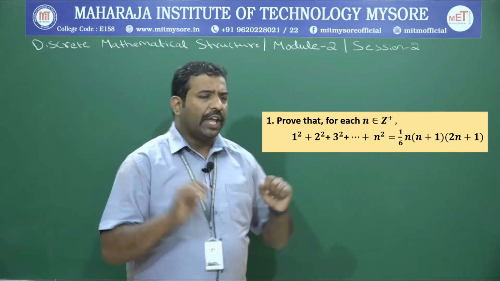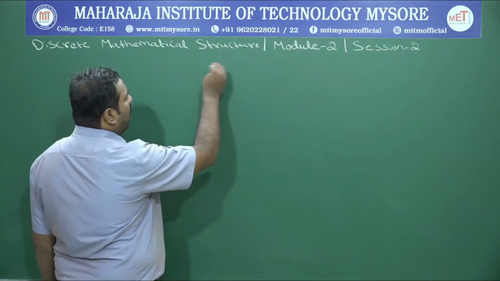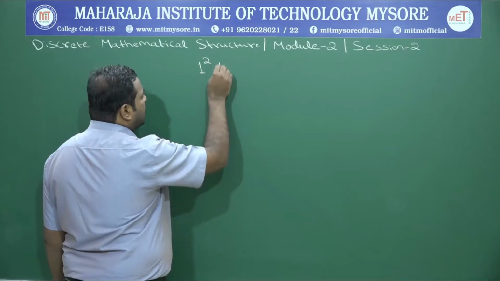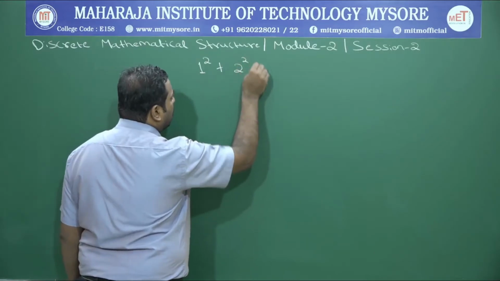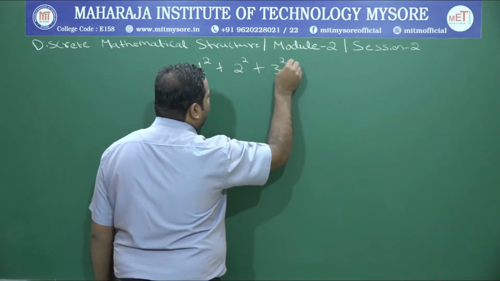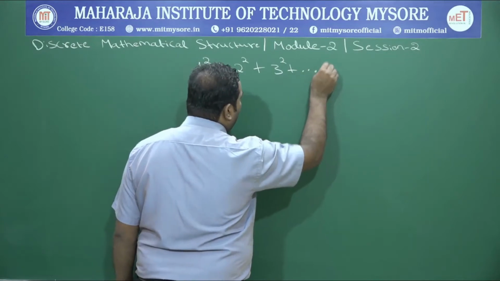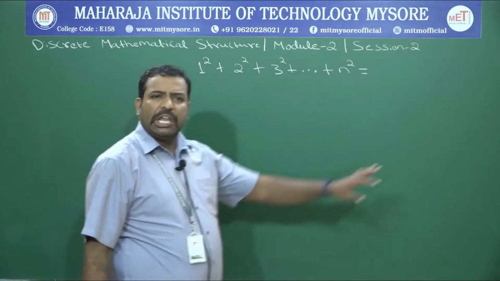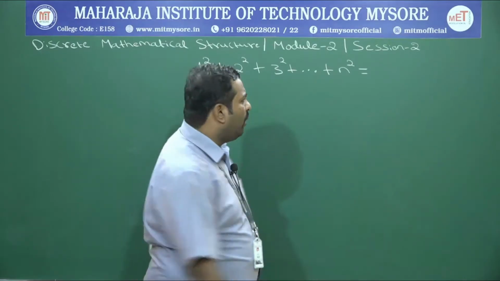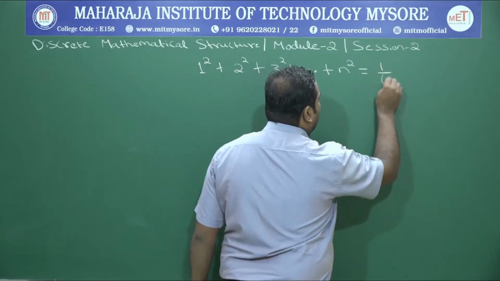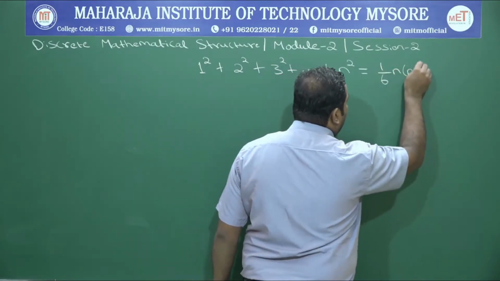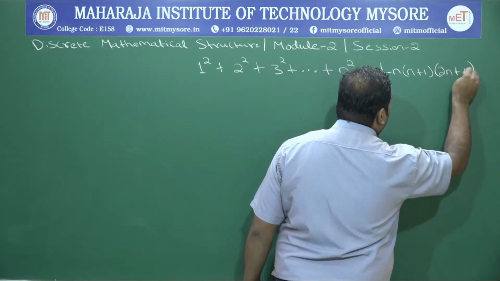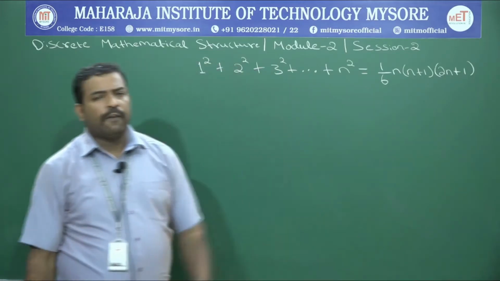So we have 1 square plus 2 square plus 3 square and so on until n square, which, as you all know, is equivalent to 1 by 6 into n into n plus 1 into 2n plus 1.